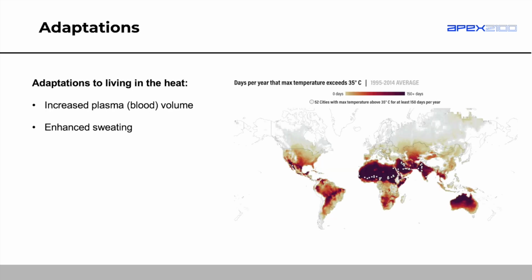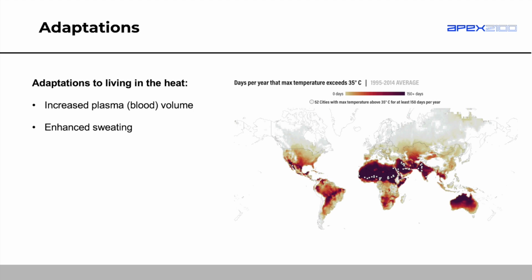Now, in terms of adaptations to exercise in the heat, so people who live in really hot areas of the world, they have a few physiological adaptations to help them cope with that increased temperature and maintain homeostasis. So some of the key adaptations are an increase in blood volume or an increase in plasma volume.